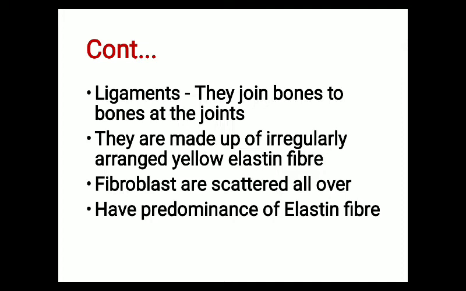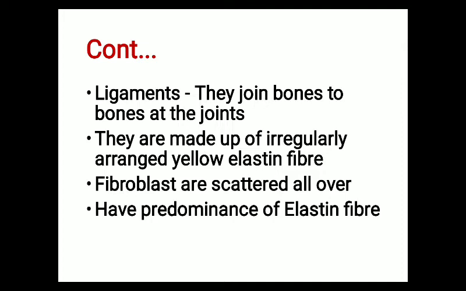What is the difference between tendons and ligaments? Tendons are made up of regularly arranged collagen fiber, but ligaments are made up of irregularly arranged elastin fiber. In tendons the fibroblasts are neatly arranged along the collagen bundle, but in ligaments fibroblasts are scattered all over.